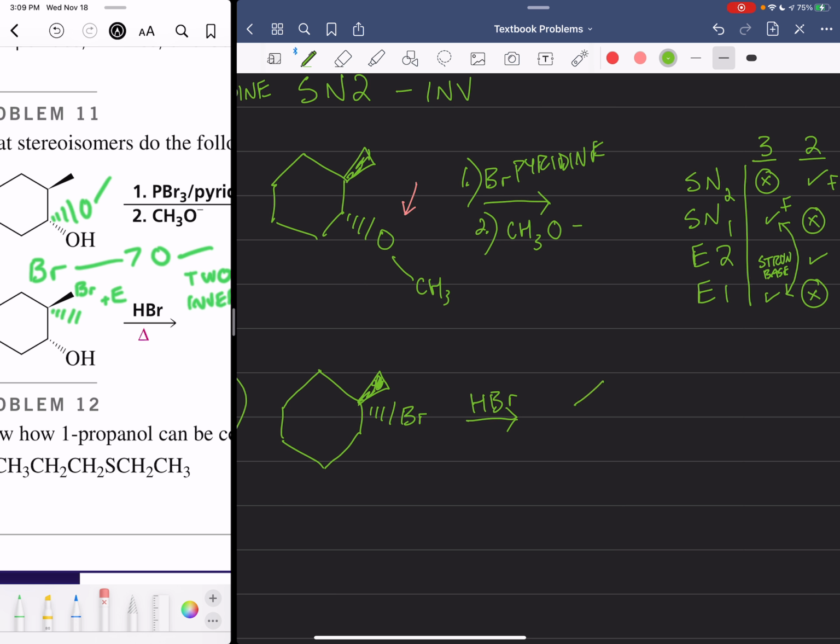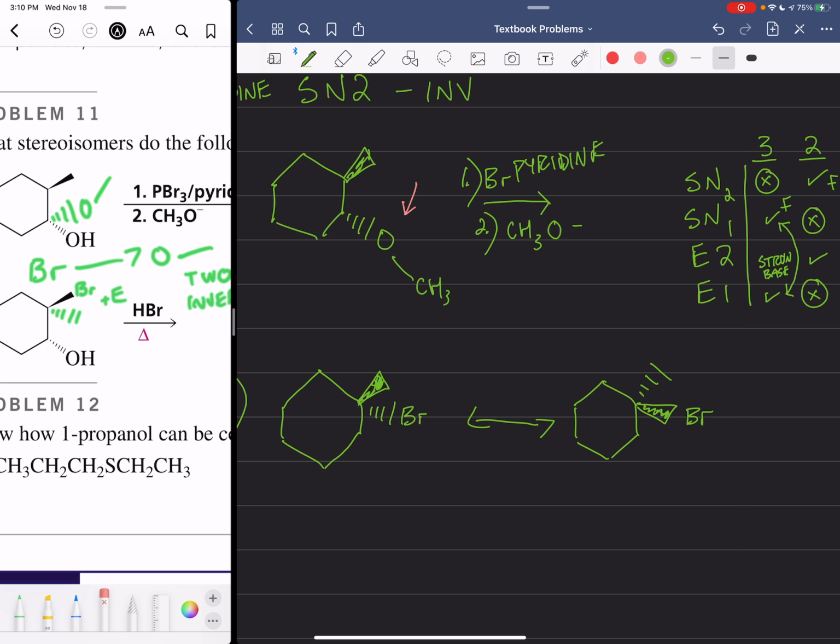But this trips me up a little bit. I'm not actually sure which one is the major product here. So these are our two products, this one and this one, okay?